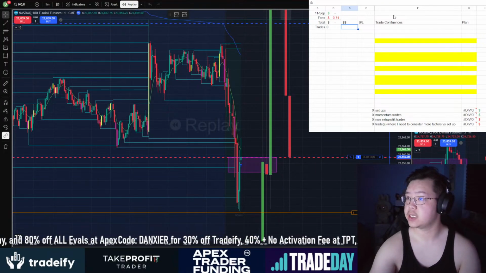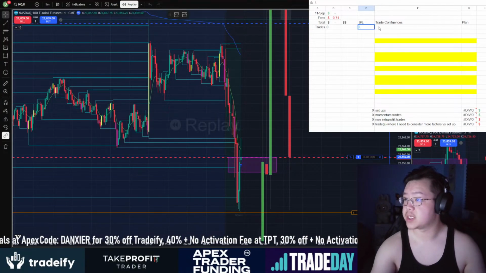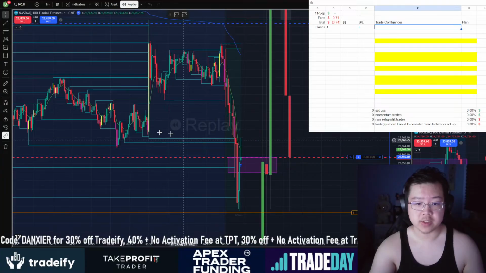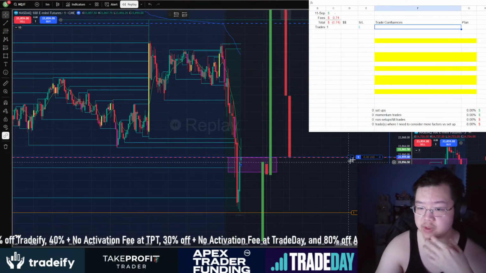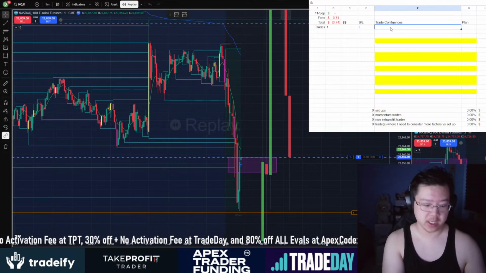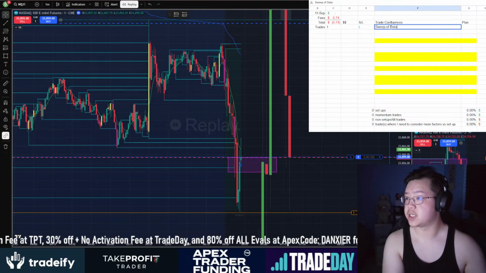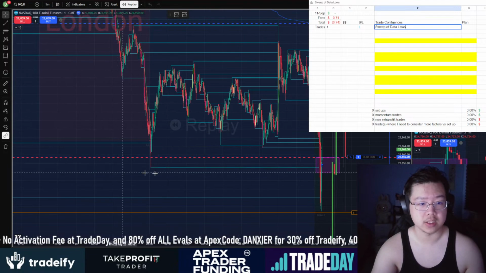So this first trade is going to be a long. Basically what we have here, we have sweep of data lows. We have a 1 minute inversion right here. We have a level. I'm going to write that down on my confluences. I wonder if London got taken here too. Yeah, we also took out London lows.